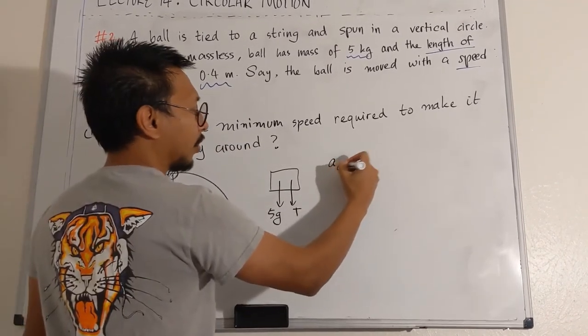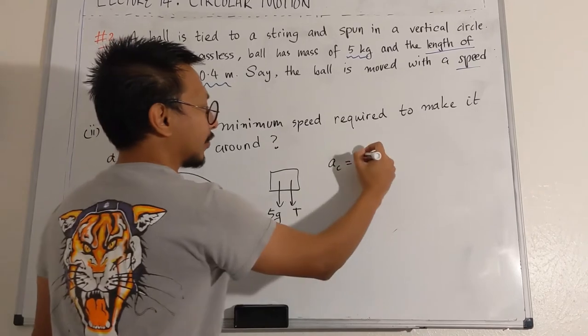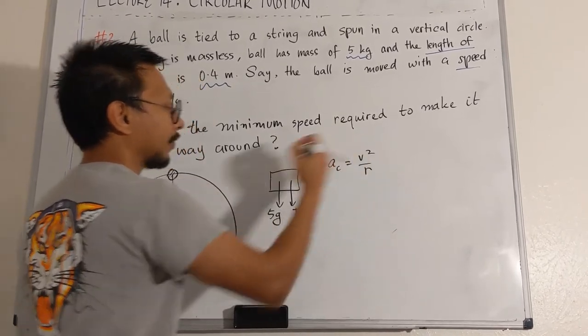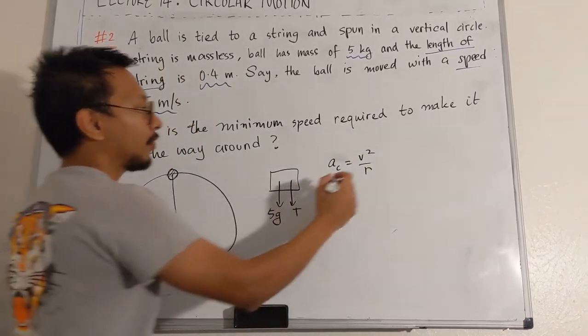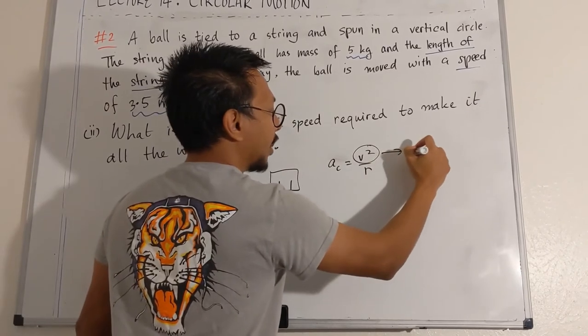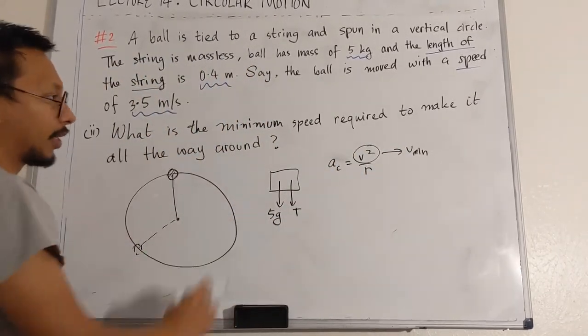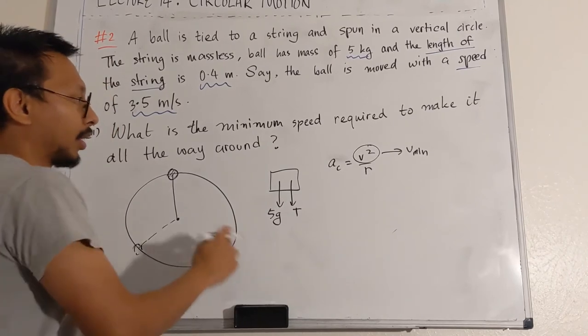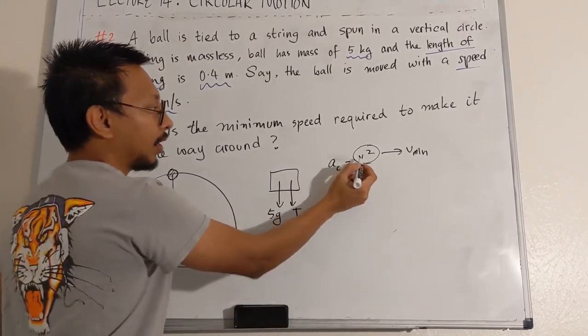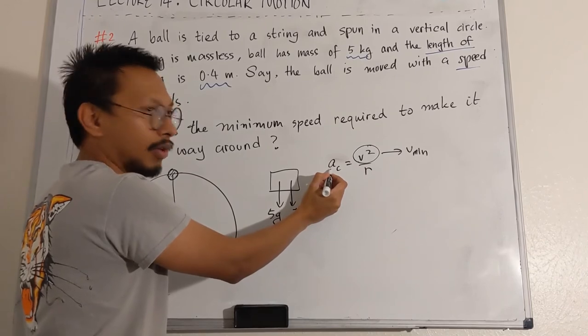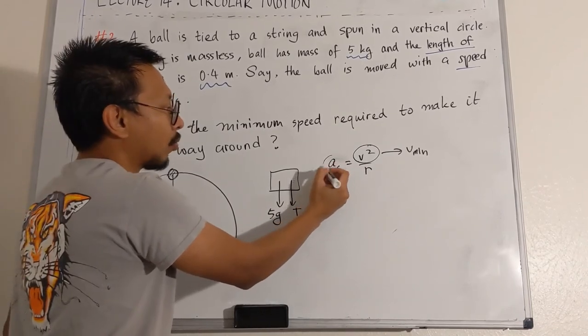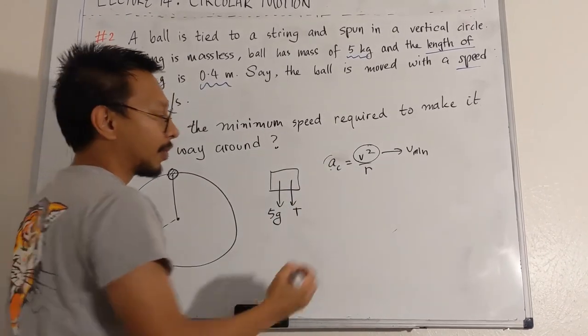We also know by now that centripetal acceleration is v squared over r, v being the speed. We want to find what the minimum value for this speed is for the ball to make it over the top. Well, the minimum would be when centripetal acceleration is a minimum. When is centripetal acceleration a minimum?